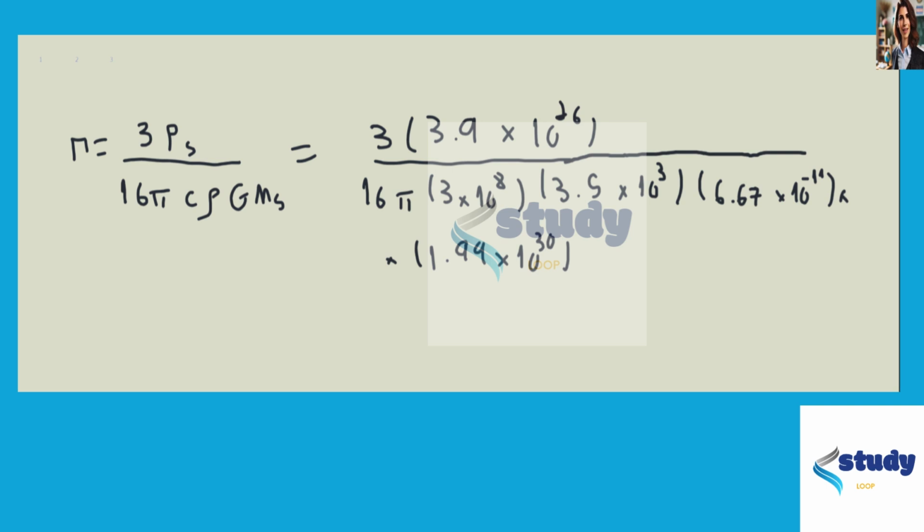Everything is multiplied here, and this gives us 1.7 times 10 to the minus 7 meters.